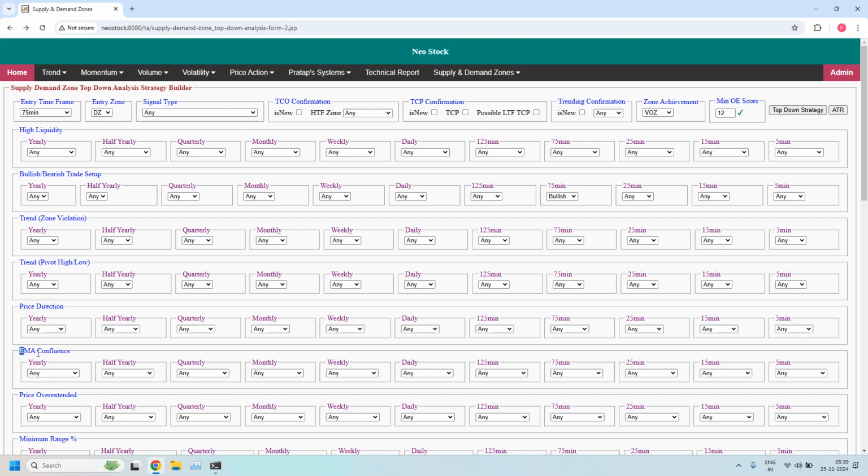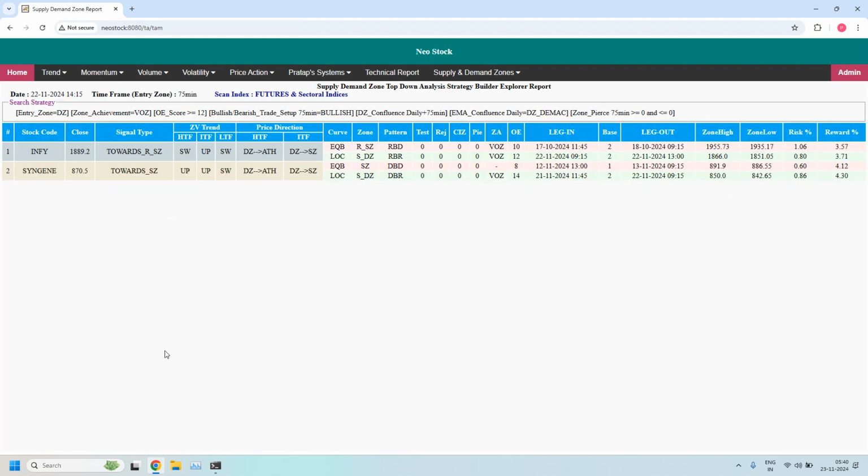So in the EMA Confluence, daily time frame, daily demand zone having daily EMA Confluence filter is enabled. We got 2 stocks. So these 2 demand zones are high probability 75 minutes demand zones, because they have daily EMA confluence.